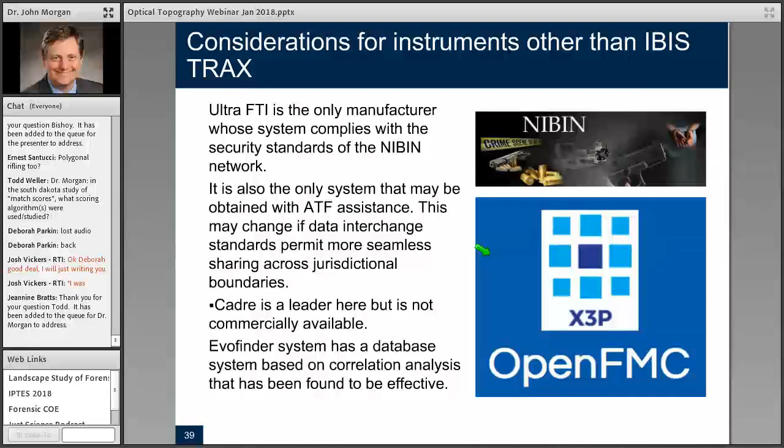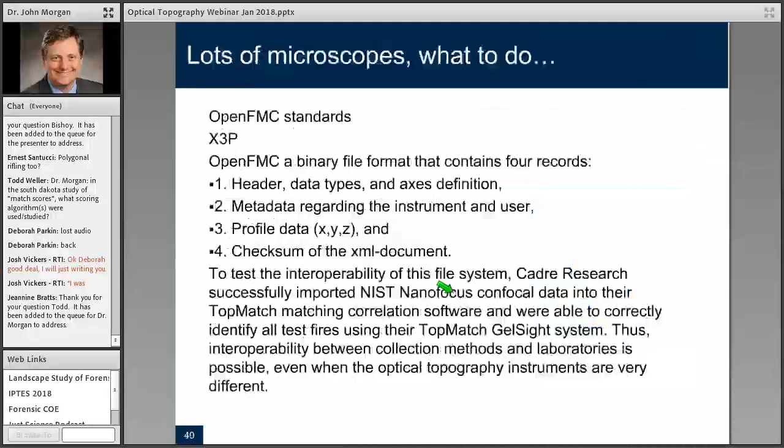And there is a group that has developed a particular data set, X3P, under the OpenFMC consortium to exchange this type of optical topography data. The OpenFMC includes header information, metadata, the actual profile data, as well as some checksum data to check on the integrity of the data of the file set.